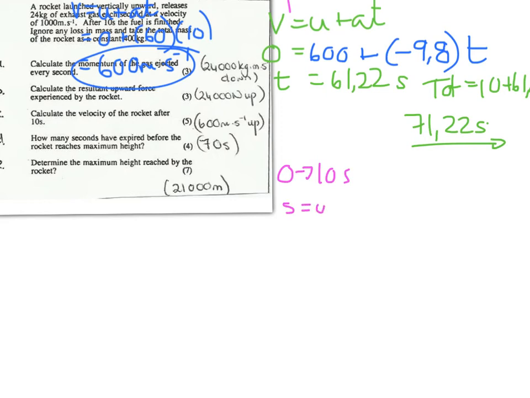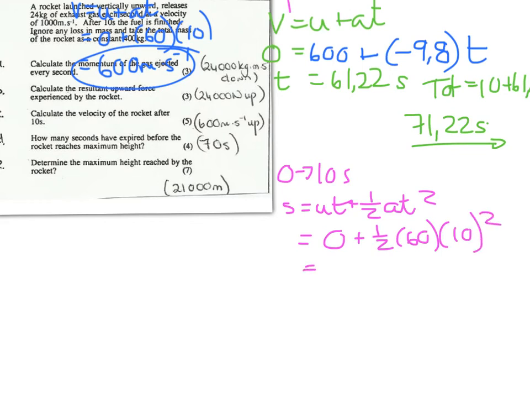So S is equal to ut plus a half at squared, which is equal to, it starts at 0 plus a half of 60, and it goes up for 10 seconds squared, and that turns out to be 3,000 meters.